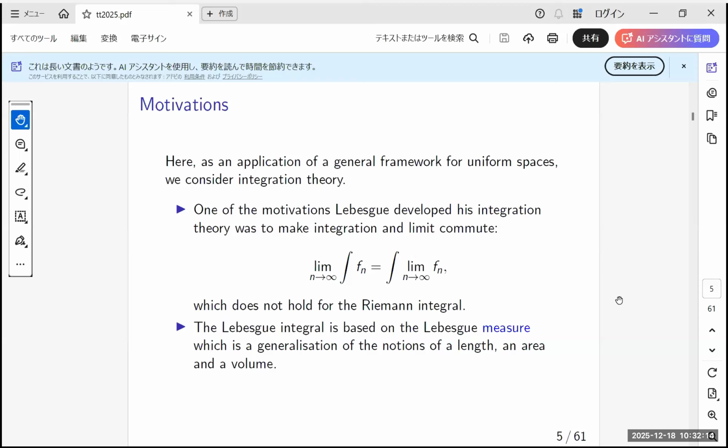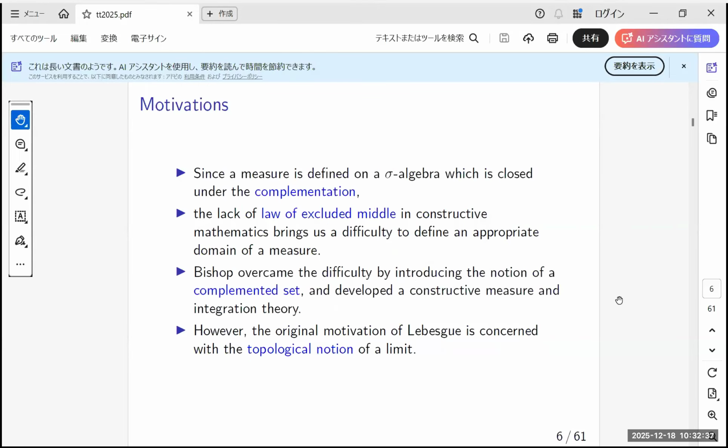And one of the motivations Lebesgue developed his integration theory was to make integration and limit commute, which does not hold for Riemann integral. And the integral is based on the so-called Lebesgue measure. And measure is defined on a sigma algebra, which is closed under complementation. The lack of the law of excluded middle brings us a difficulty.